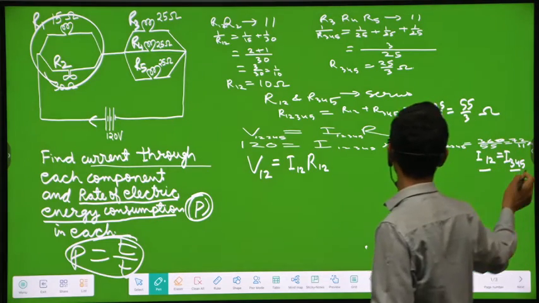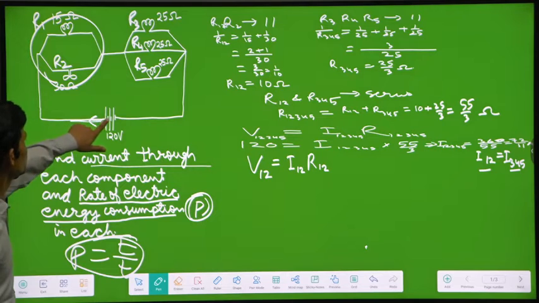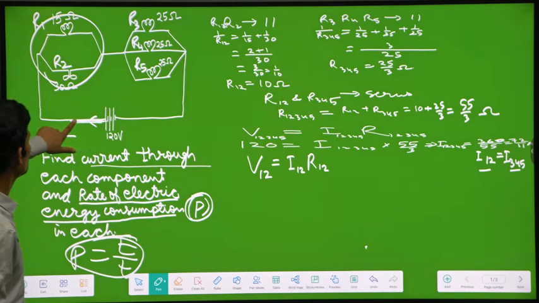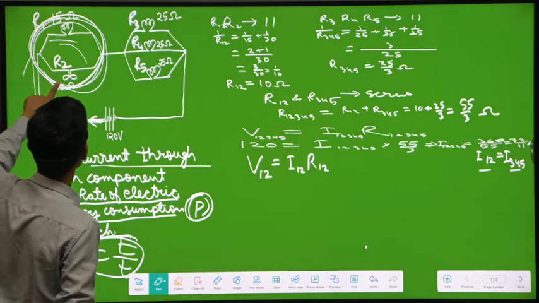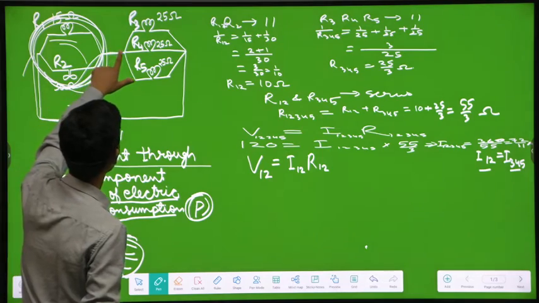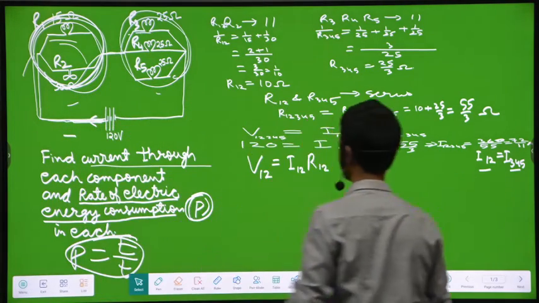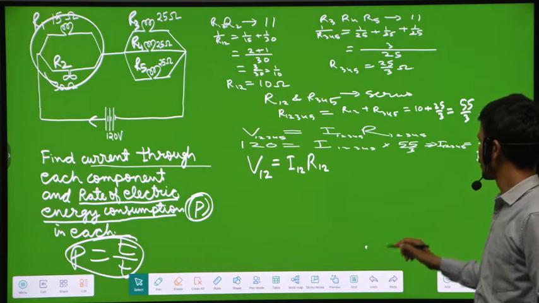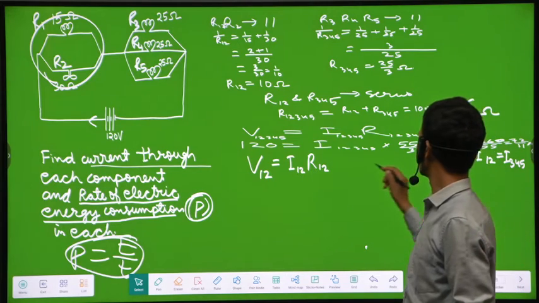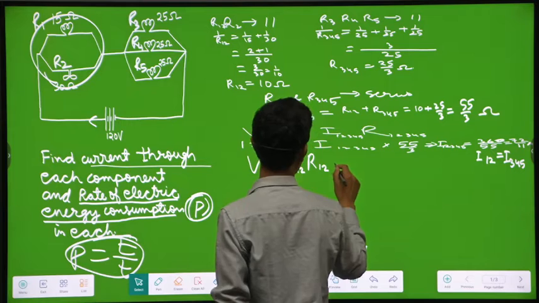So these symbols tell you I12345 means the current that emits from here, I12 means the current passing through this part, and I345 the entire path. So I12 is the same as I12345, that is 72 by 11.